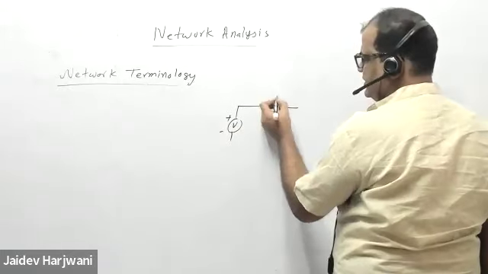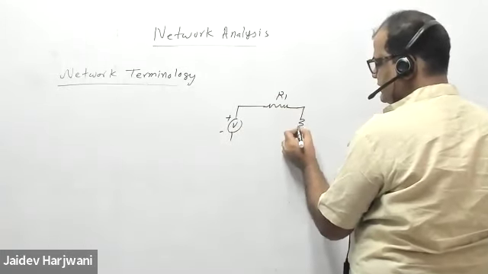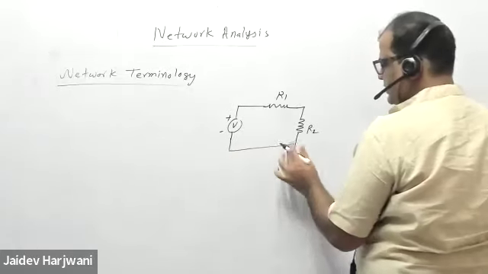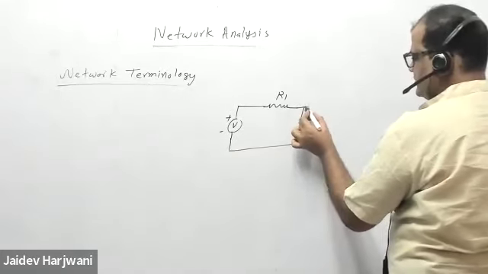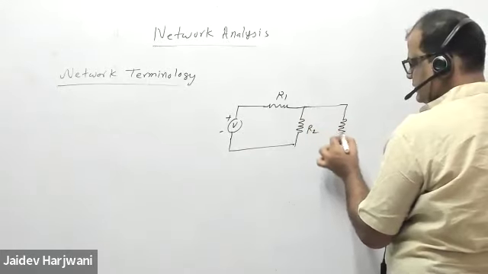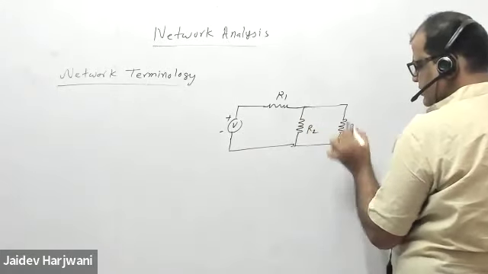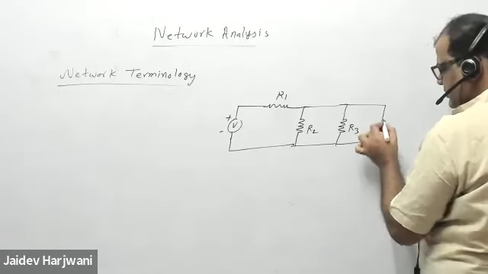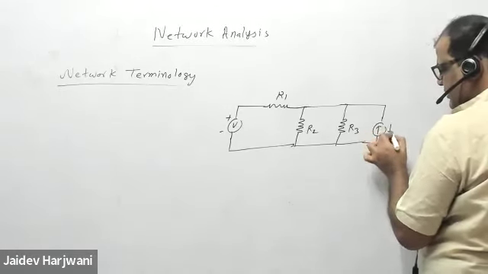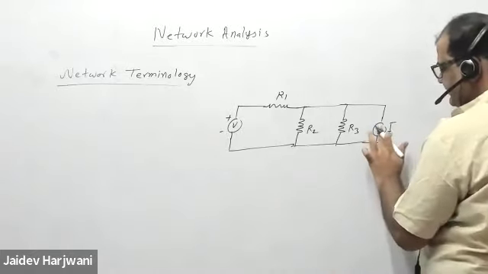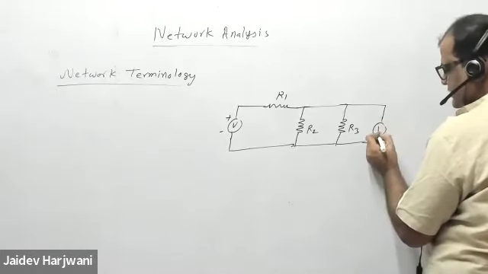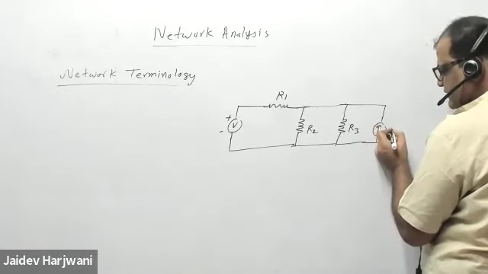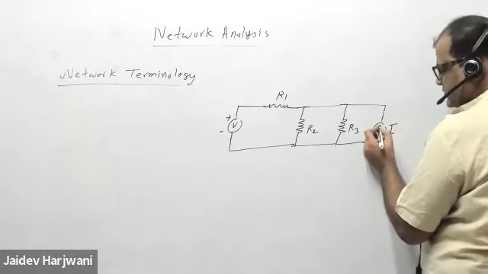I am using a resistor R1, a resistance R2 here, and let me use one more resistor R3 here, and let me put a current source here. Current we have to show by direction. So say this is my current source.